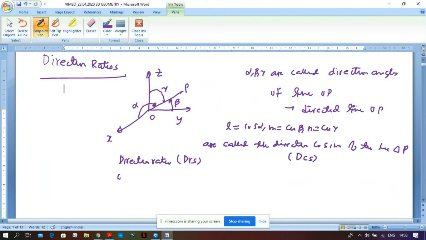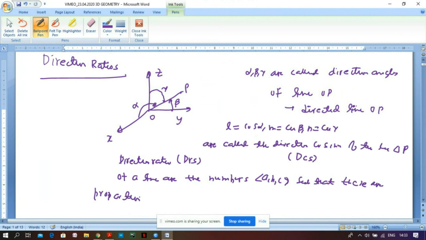The direction ratios of a line are the numbers A, B, and C such that they are proportional to the direction cosines, that is L, M, and N, given by cos alpha, cos beta, cos gamma.